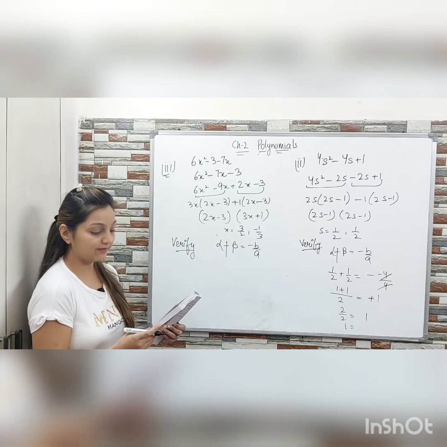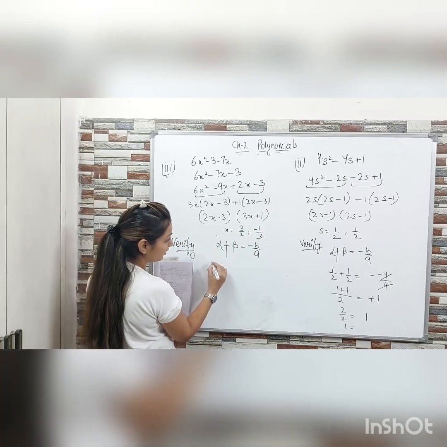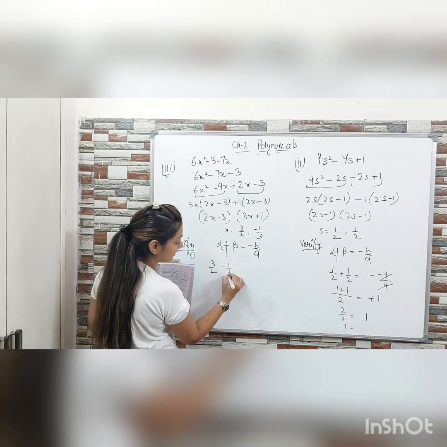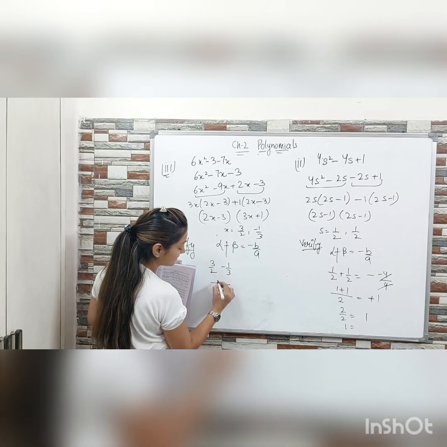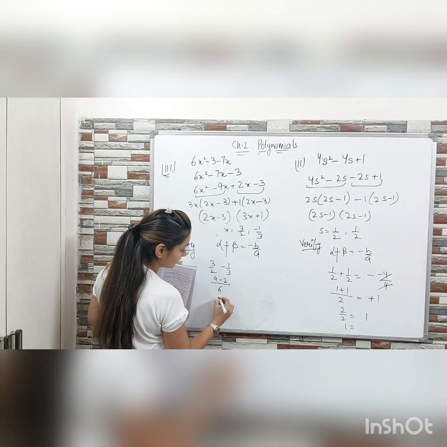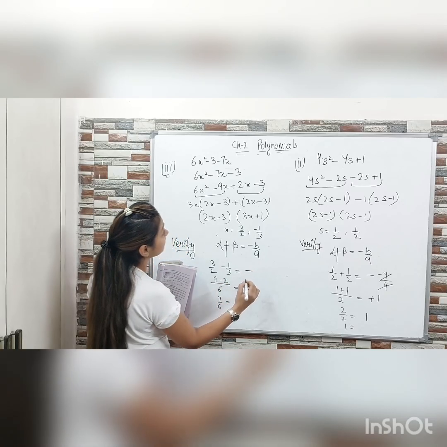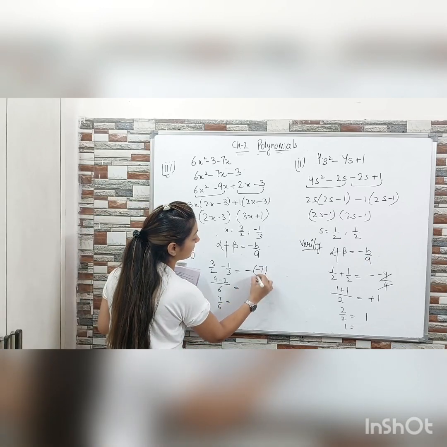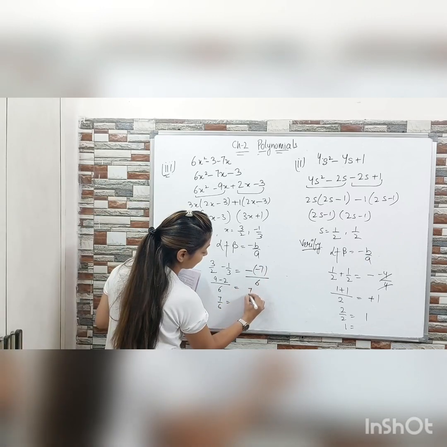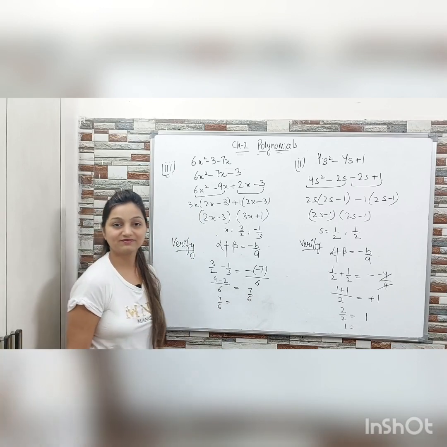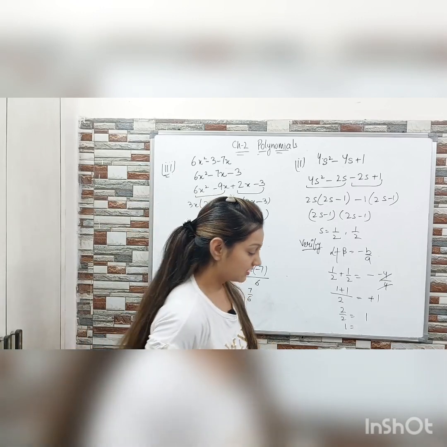I got alpha and beta. Now I will put 3 by 2 minus 1 by 3. The LCM would be 6, so 7 upon 6. Minus b upon a is minus minus 7 upon 6, so 7 upon 6. I have got the same answer. It's correct.